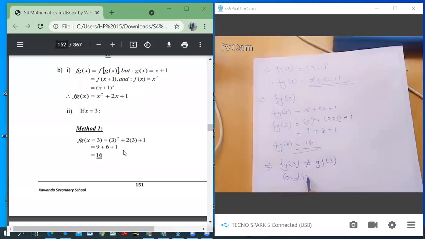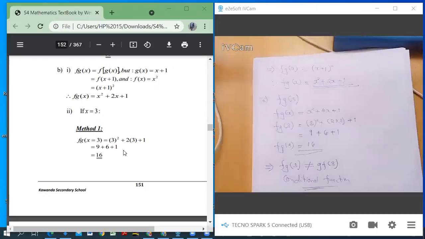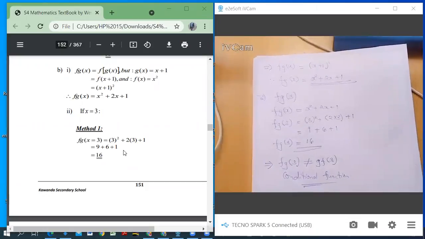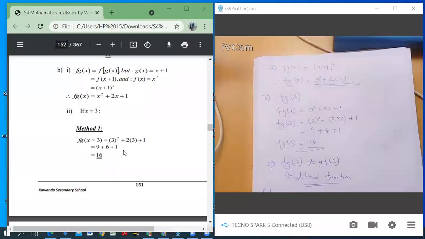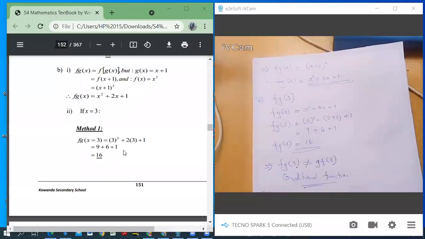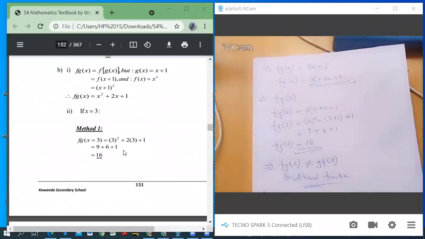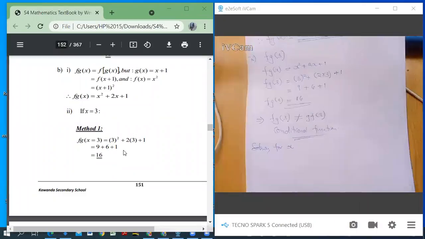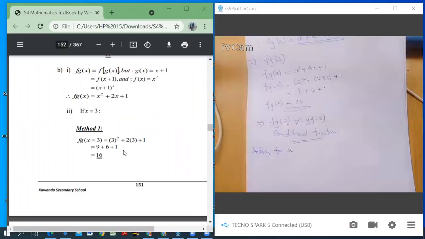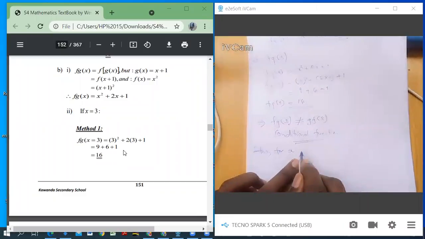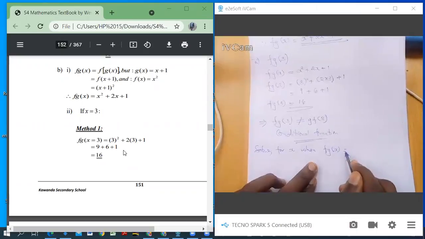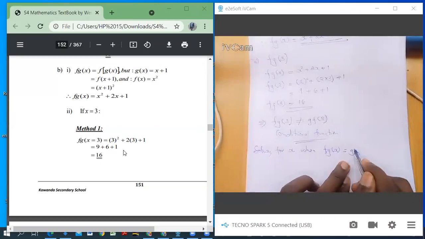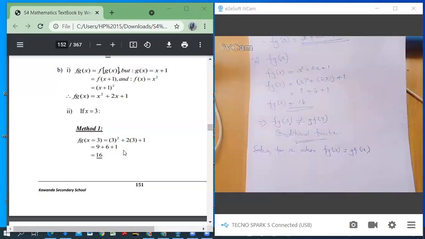Tomorrow I may say, solve, or let me say, find, solve for x when or if fg of x is equal to gf of x. Have you seen that question?